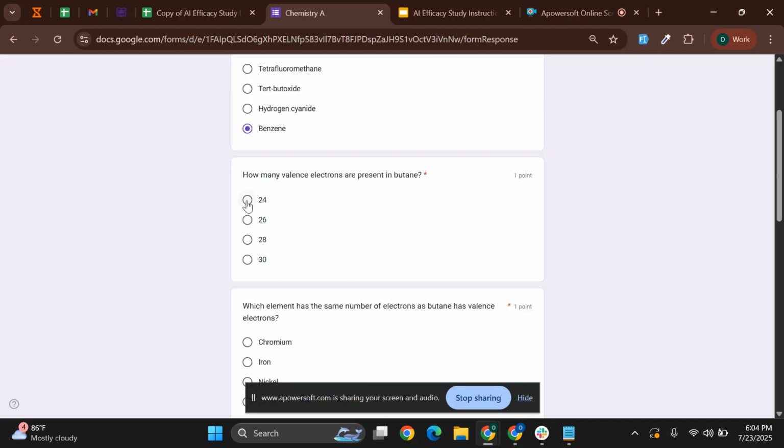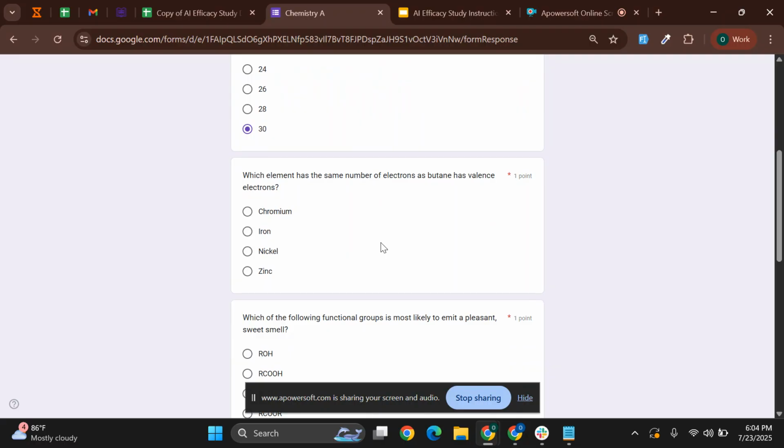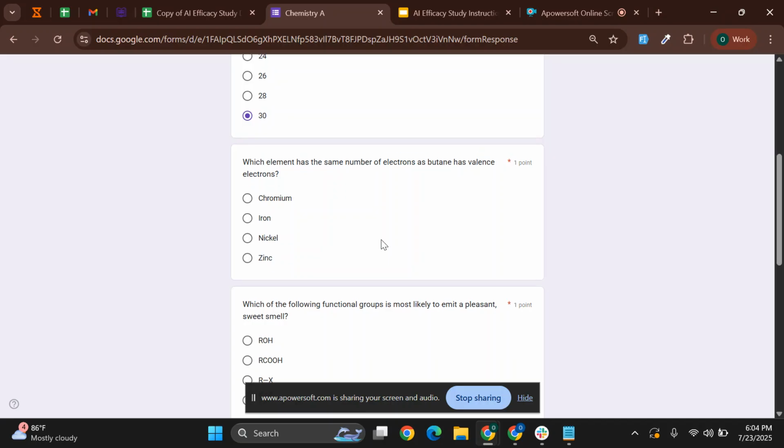I think it's 24, 30, I guess. Which element has the same number of electrons as butane has valence electrons? I think it's iron.